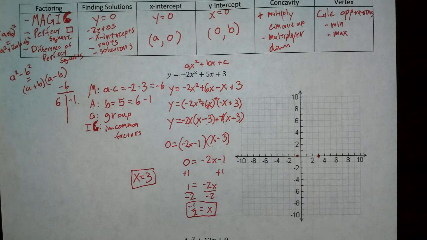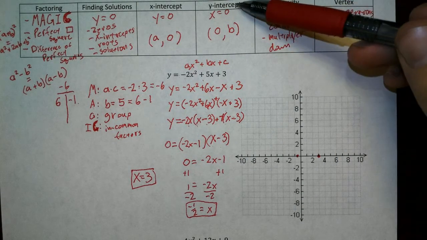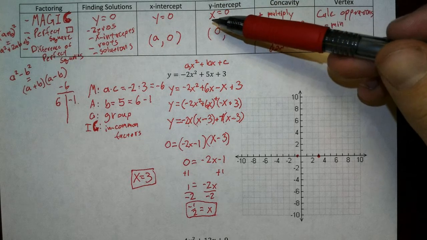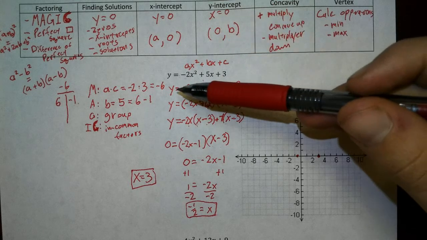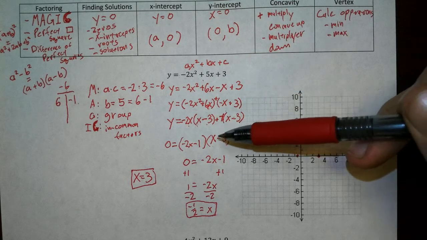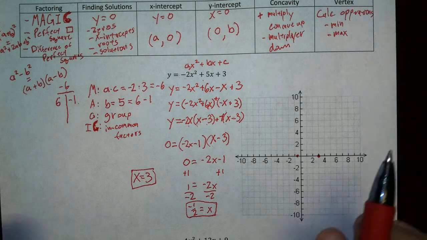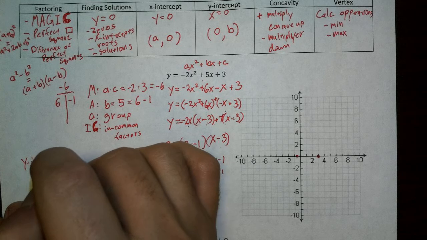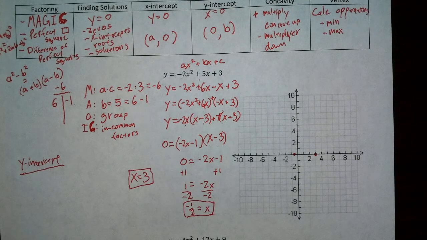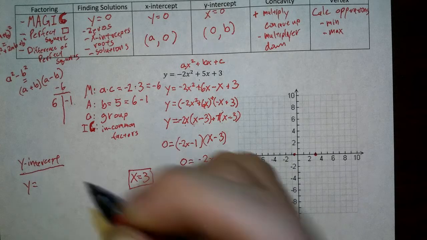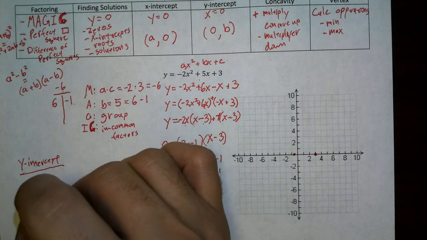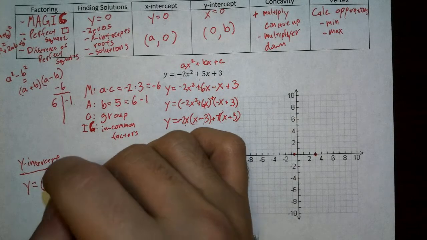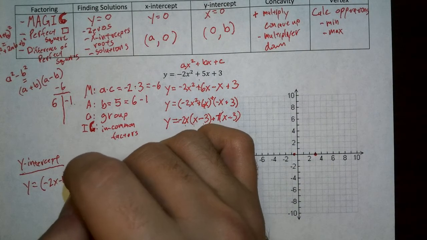There's one of two ways we can do this. What's the condition for the y-intercept? It's when x equals 0. So we're just going to take 0 and plug it in for x, and then see what y equals. We have a function. Let's plug it in and see what we get. So for my y-intercept, y equals my factored expression, negative 2x minus 1 times x minus 3.